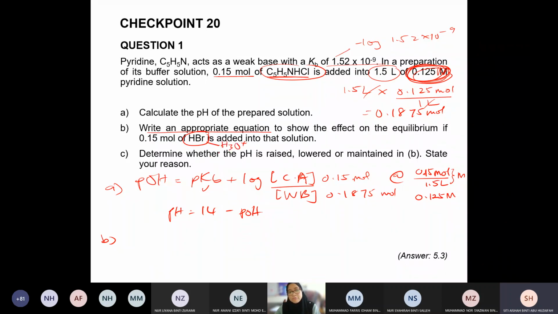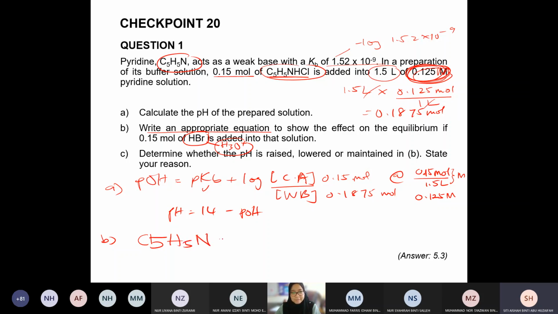So when H3O+ is added, acid is added into this buffer solution, siapa yang akan counter attack dia? Yang akan counter attack will be the base, sebab ini acid, yang counter akan base. So base will be the pyridine lah. So you kena buat equation. You kena tahu siapa base sekarang ni sebab nak counter the HBr just now. Jangan buat macam tu dalam exam.